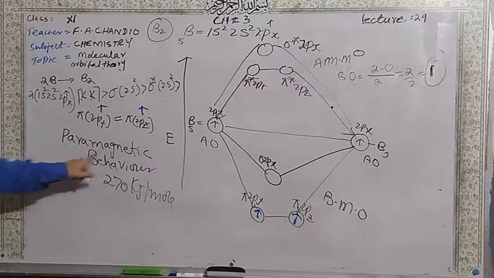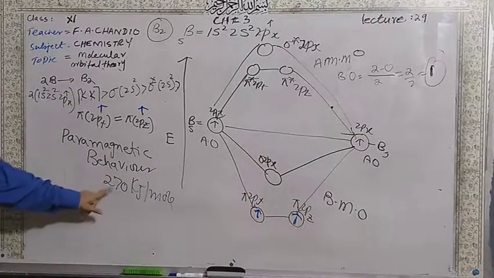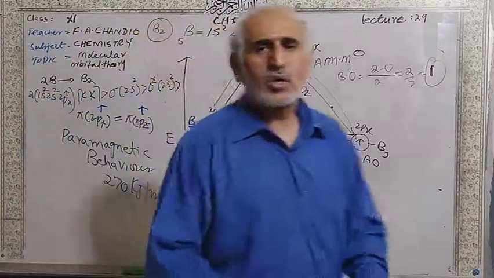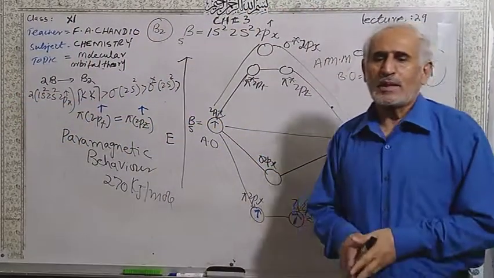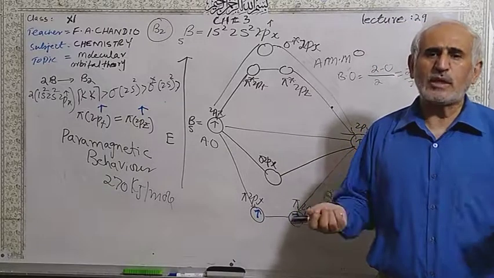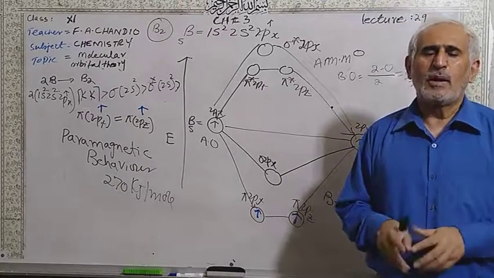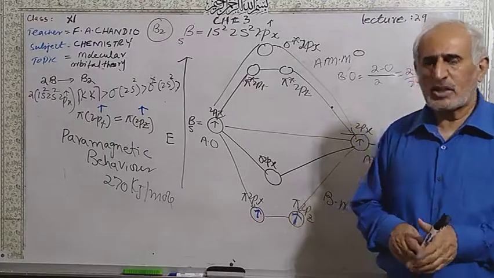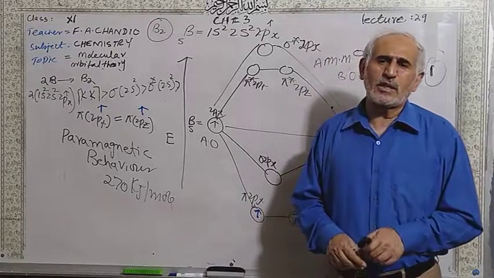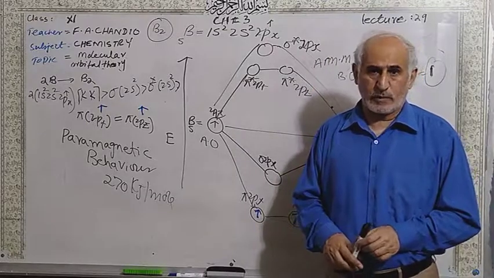It has a paramagnetic behavior, and 270 kilojoules per mole of energy is required to break it. So in the vapor phase, boron forms a molecule and shows paramagnetic nature, and 270 kilojoules per mole of energy is required to break this bond.